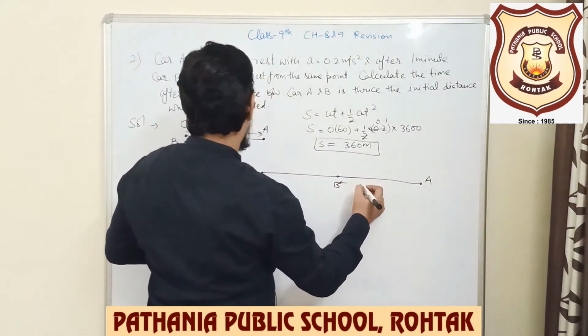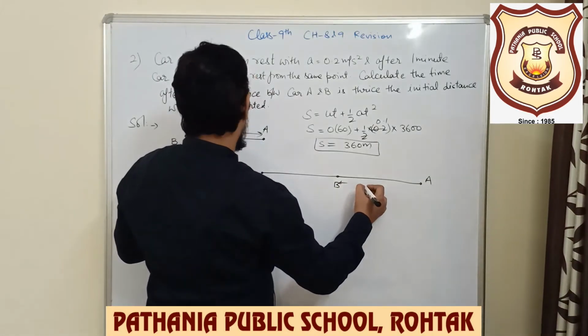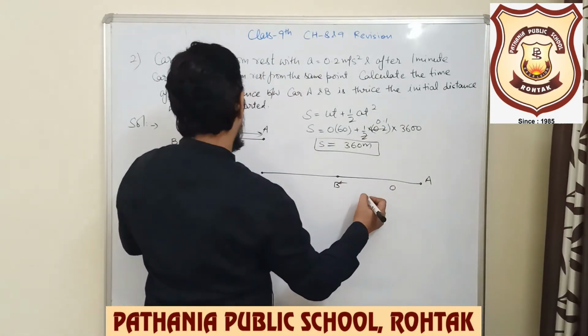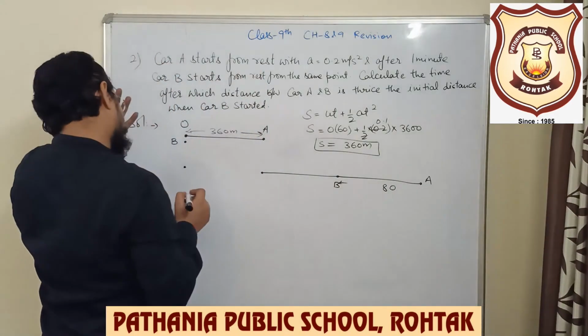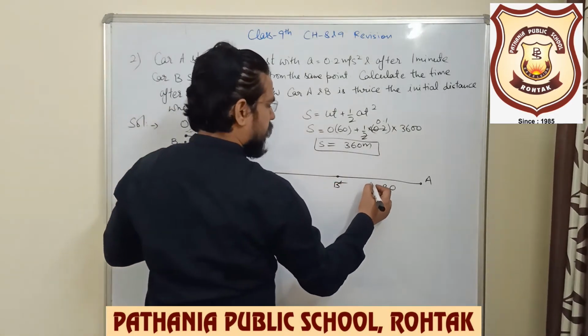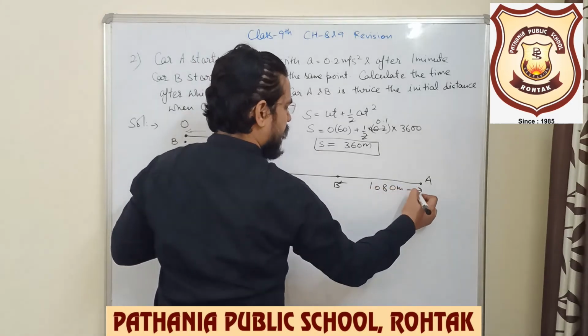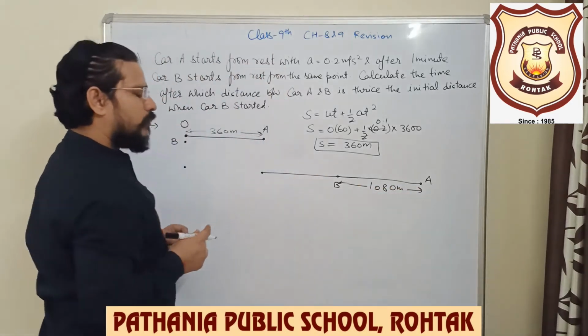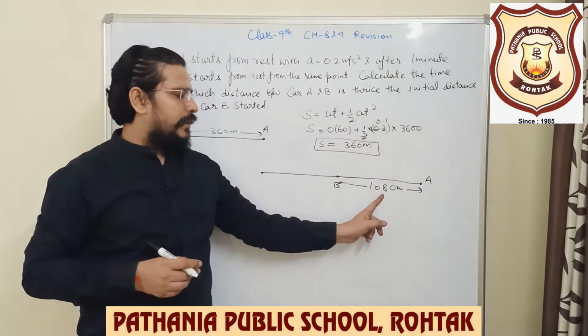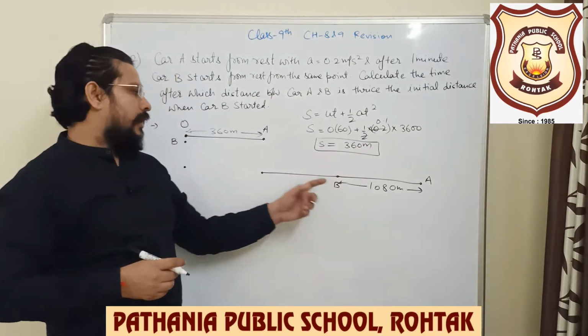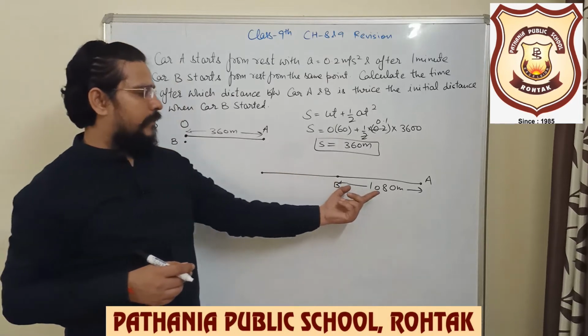So that is 360 into 3, which is 1080 meters. So we need to calculate the time after which the distance between car B and A will be 1080 meters, which is 3 times the initial distance.